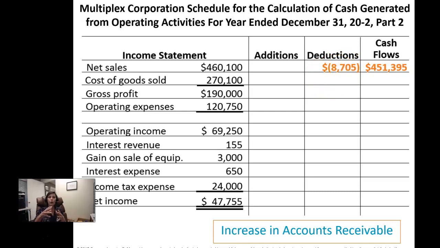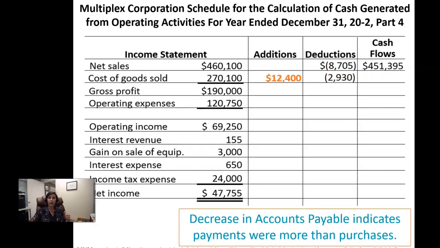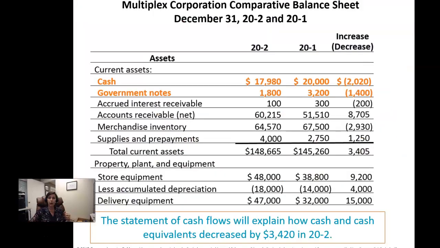So what your balance sheet should show is that your accounts receivable actually went up by $8,705 that year to get to this calculation. And if our accounts receivable went up, that means we didn't collect as much cash from our customers because they're still owing this. Oops, let me go backwards.